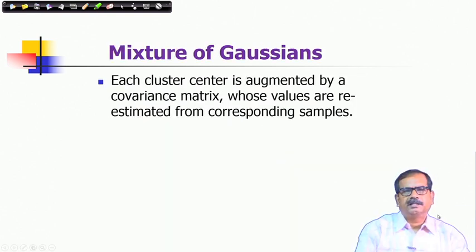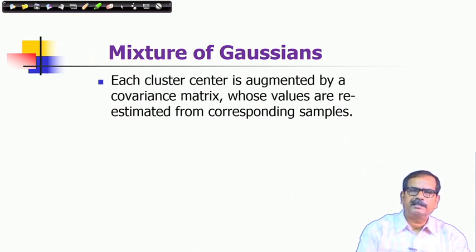The last technique of the clustering methods which we will be discussing in this particular subject is the use of a mixture of Gaussians, by analyzing the probability density functions of the data in terms of representing it as a mixture of Gaussians. At the outset, we can consider some similarities with the K-means clustering technique. Say you consider a cluster center augmented by a covariance matrix.